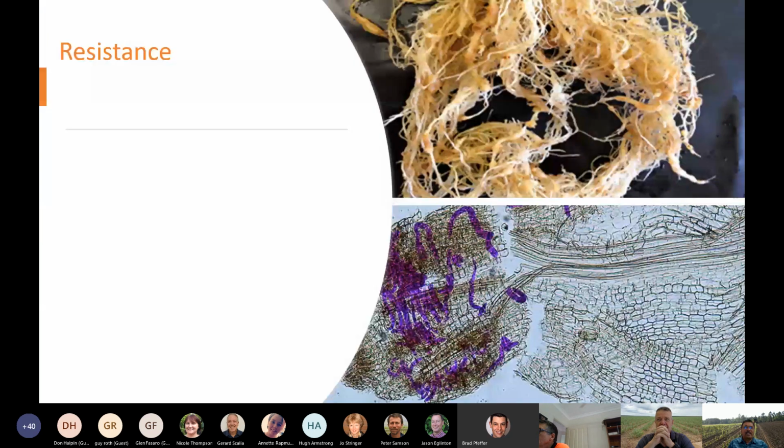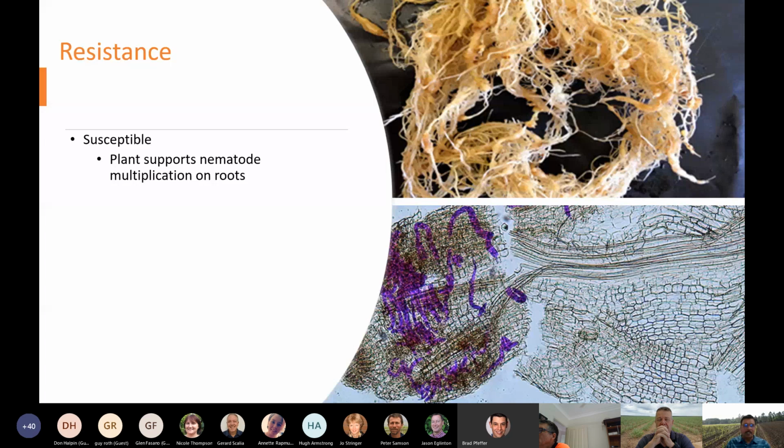Now, then comes resistance. Before going to the main topic, I just want to explain the terms. Sometimes we use the term susceptible. What does susceptible mean? In terms of nematodes, susceptible means the plant supports the multiplication of nematodes in the roots.